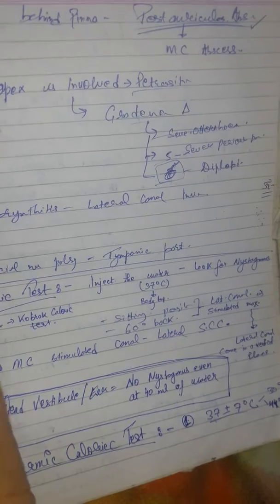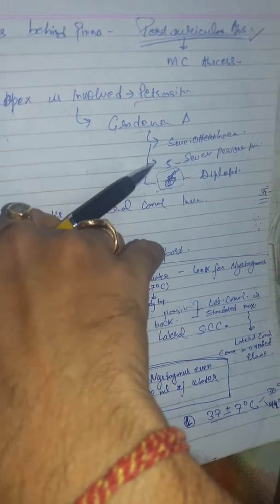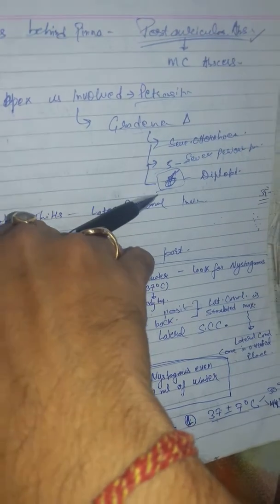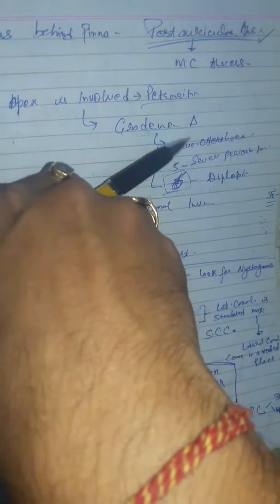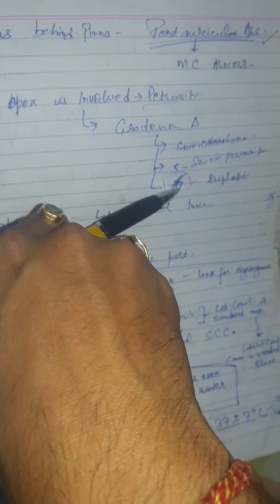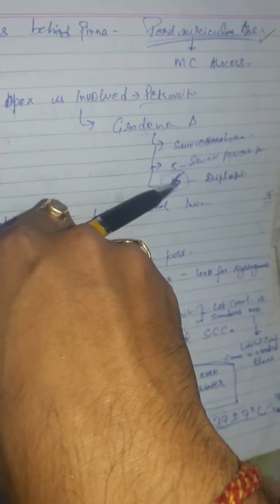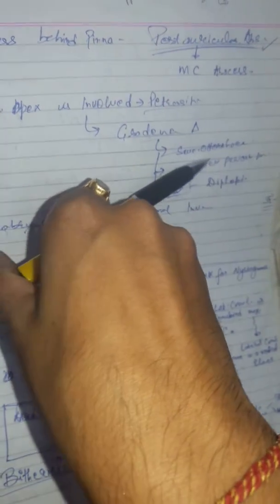Gradenigo syndrome, in which there is severe otorrhea, severe periorbital pain, and diplopia. So Gradenigo syndrome is a triad of severe otorrhea, periorbital pain, and diplopia. Diplopia is due to involvement of the sixth nerve, severe periorbital pain is due to involvement of the fifth nerve, and then severe otorrhea.